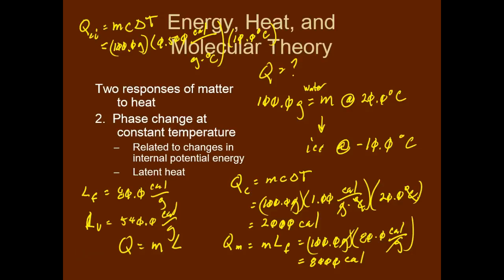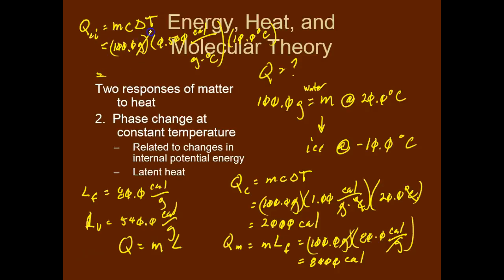Now, that's not very hard math either. It may be hard to read, but you got 100 times 10 is 1,000. We take half of it, and you got 500. So that last part is just removing 500 calories.